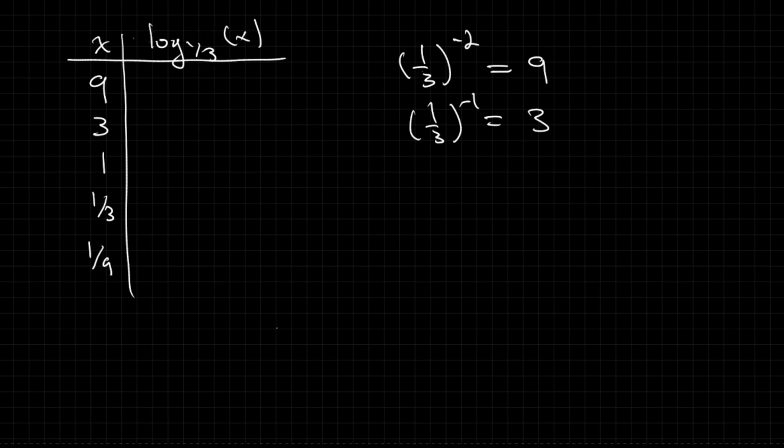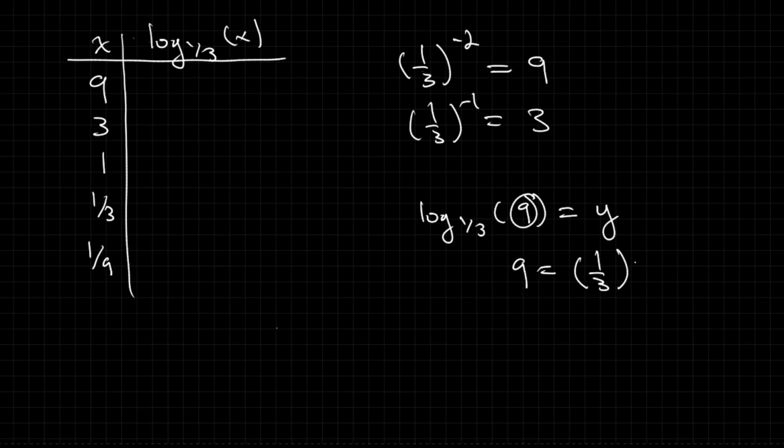And if we go to figure out the y values for these x values, then log base 1/3 of something like 9. If we wanted the y value for x equals 9, then we set this equal to y, convert to exponential form. And this means that y would have to be -2.